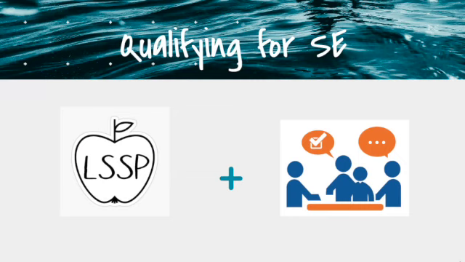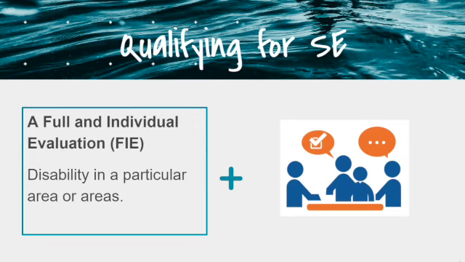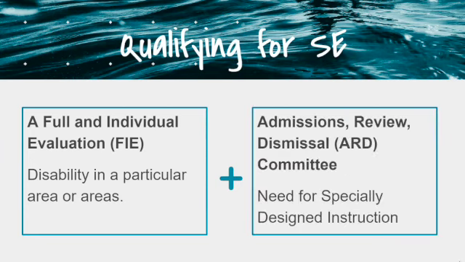The first is that a full and individual evaluation must determine a student has met TEA criteria as a student with a disability in a particular area or areas. Then, the ARD committee determines that due to the student's disability, the student has a need for specially designed instruction, which is how the student qualifies for special education services.